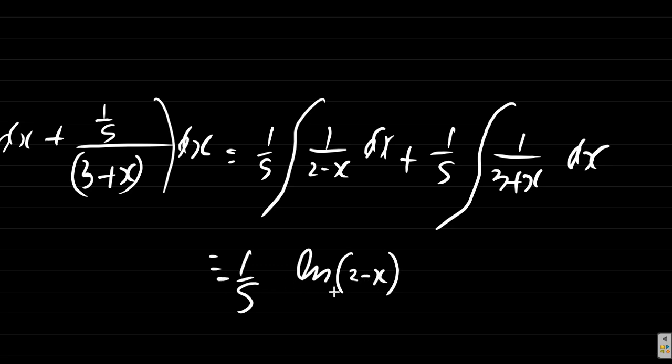So you have a negative here, plus 1/5 ln of 3 plus x divided by the derivative of 3 plus x, which is just 1, plus c. So your answer will be negative 1/5 ln of 2 minus x plus 1/5 ln of 3 plus x plus c. Alright? So that is what you would get for the answer.